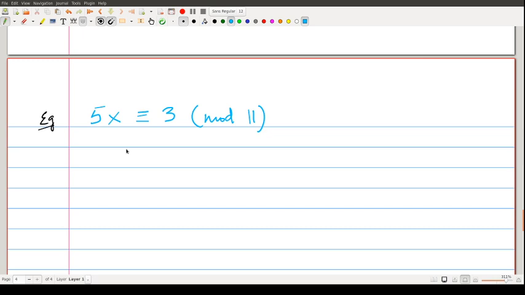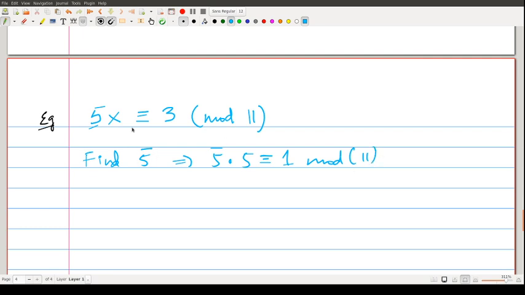And what do I expect the GCD to be? I am expecting the GCD to be 1. I have to get rid of this 5 from this side, right? So to get rid of the 5 from this side, I need to find an inverse of 5. So find 5 inverse such that 5 inverse times 5 is congruent to 1 mod 11, right?